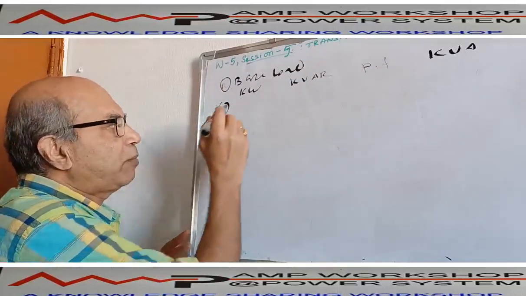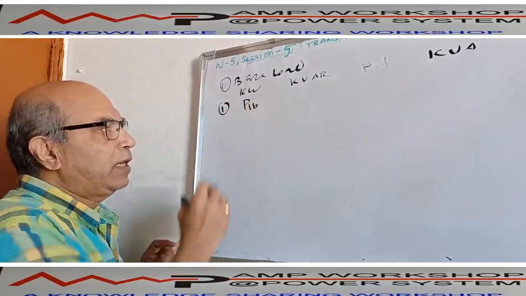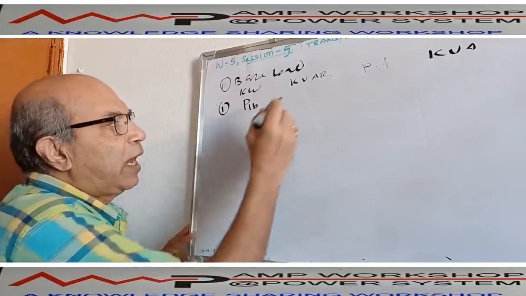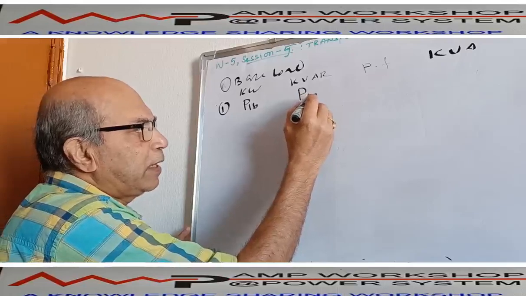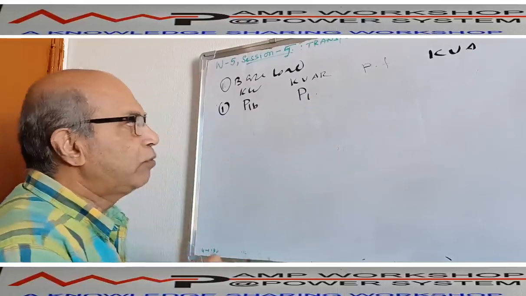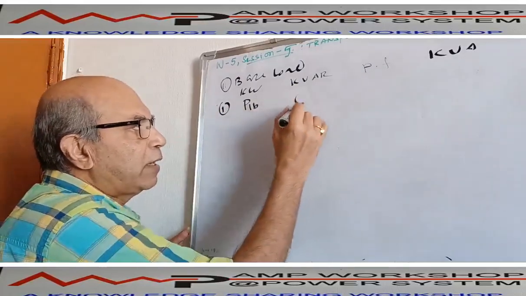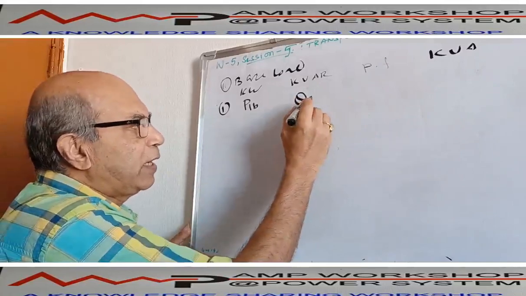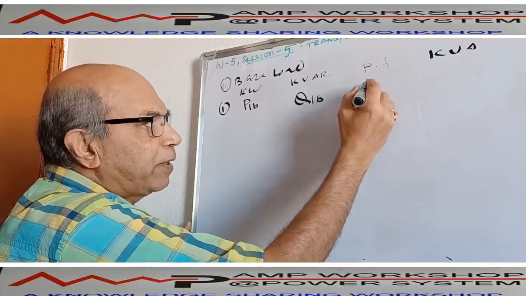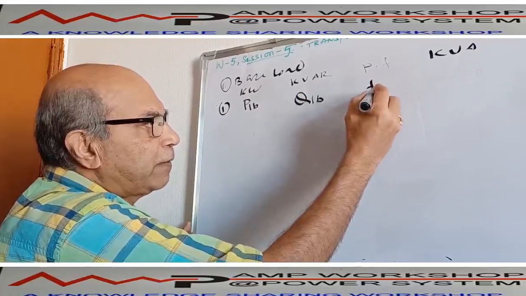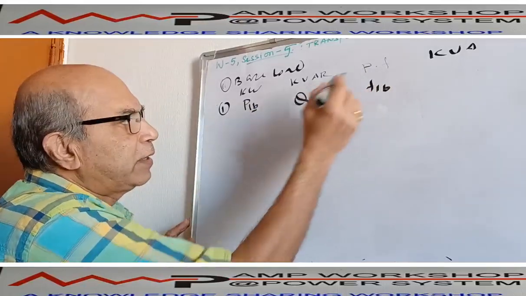For the base load, P1B is the kilowatt part, the active part of the base load. Then we have the kVAR part, Q. It is not P, it is Q. We will use P for kilowatt, Q for kVAR, and S for kVA. So Q1B, and the power factor F1B is the base power factor.